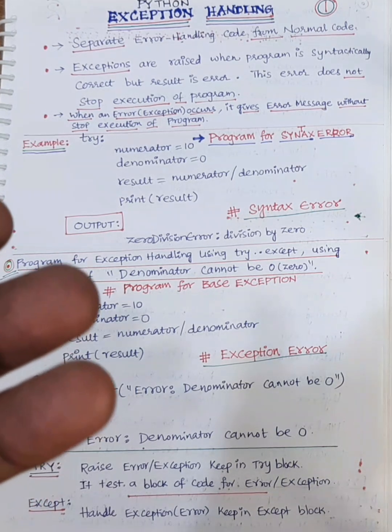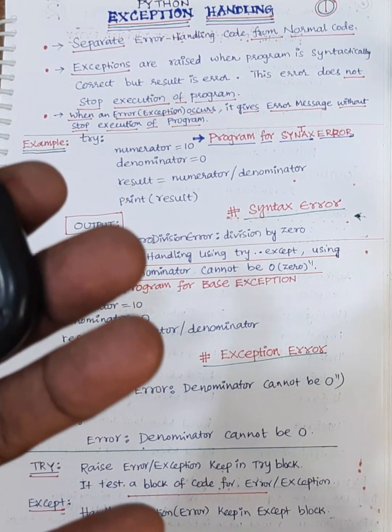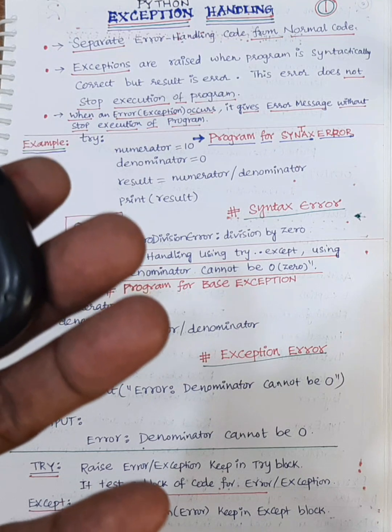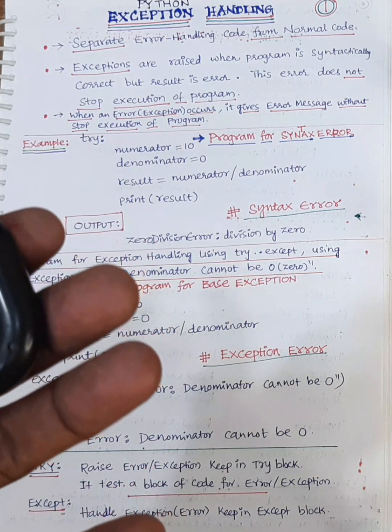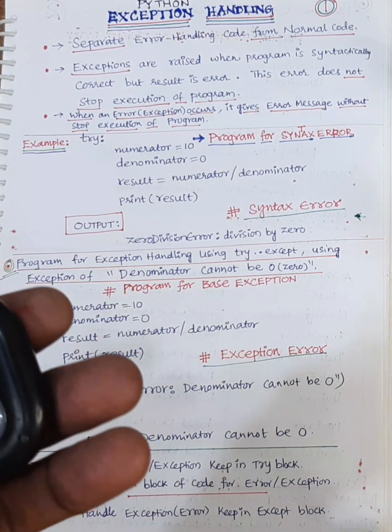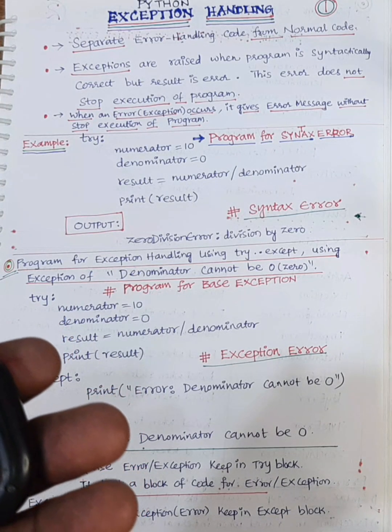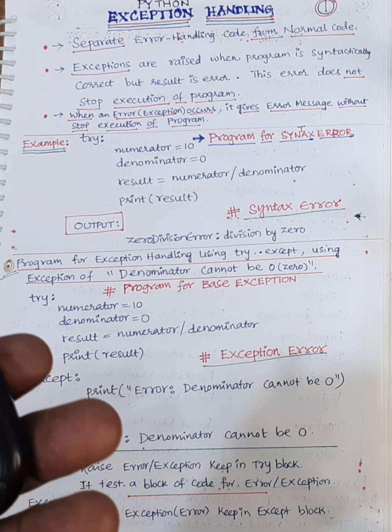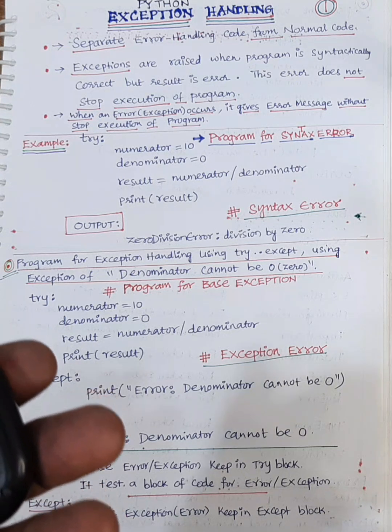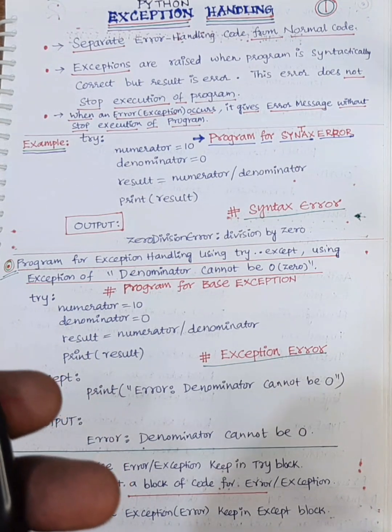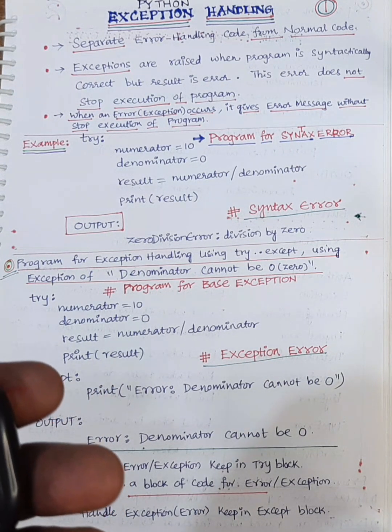Actually, syntax errors are misspelled keywords, missing colons, unbalanced parentheses, not giving comma, full stop, like that. They are syntax errors. If we give syntax errors or runtime errors or logical errors, the program execution will stop in the middle. The program will be aborted.